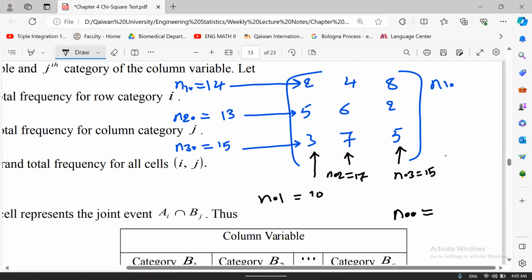It's 84. Sorry, it's not 84. It's less. It's 42. And n double dot is 42.